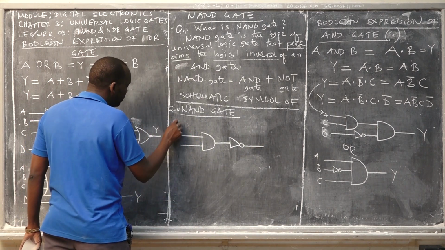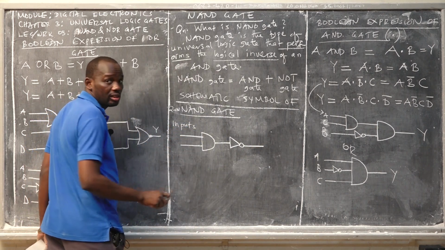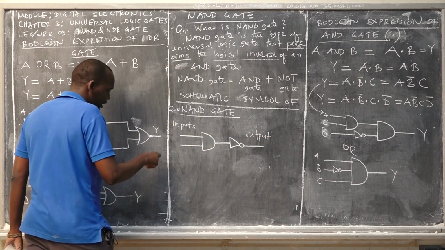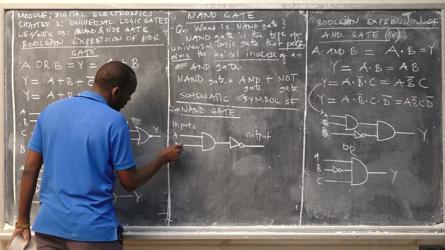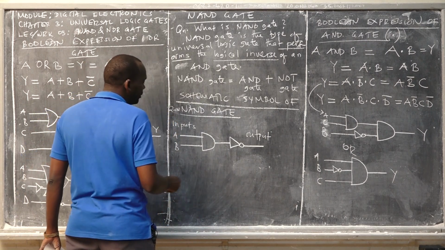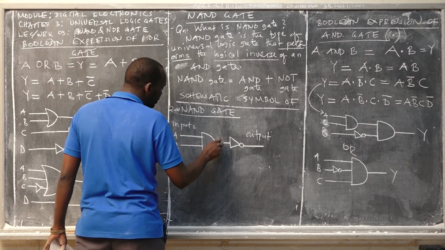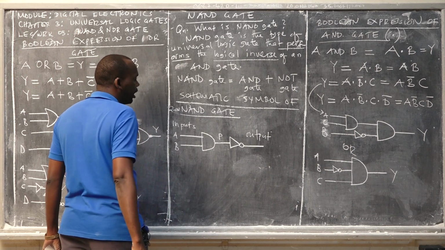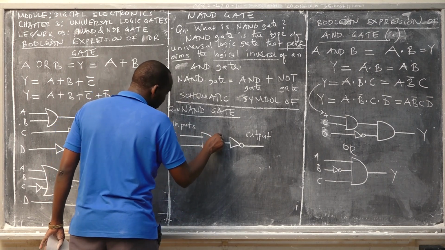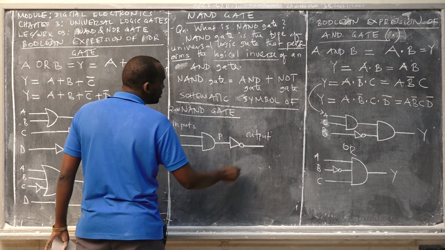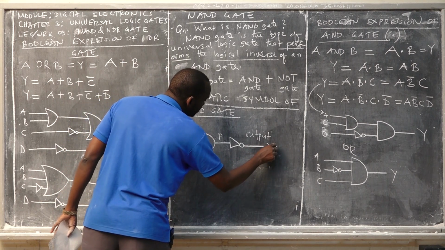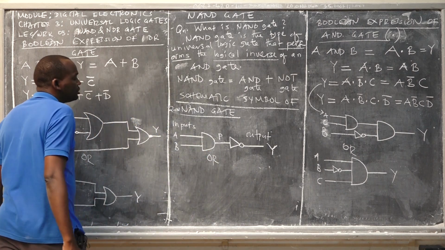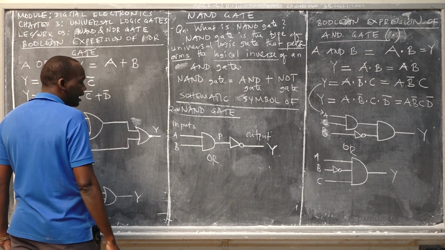So these are inputs, and this is the output. So this is input A, let's say, input B, and then this one we can call intermediate bits, and this is the output. So this is for the 2 input NAND gate.